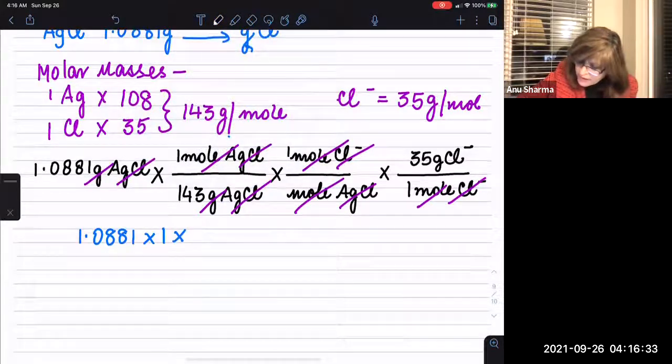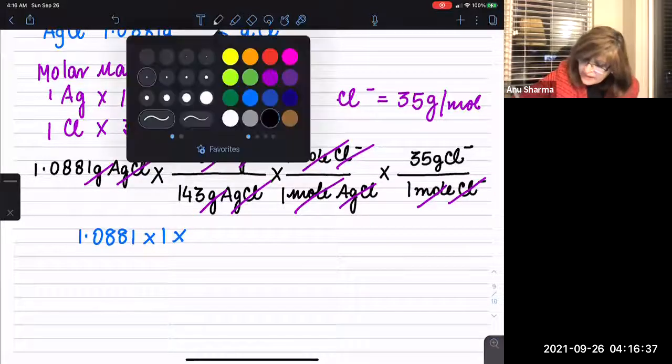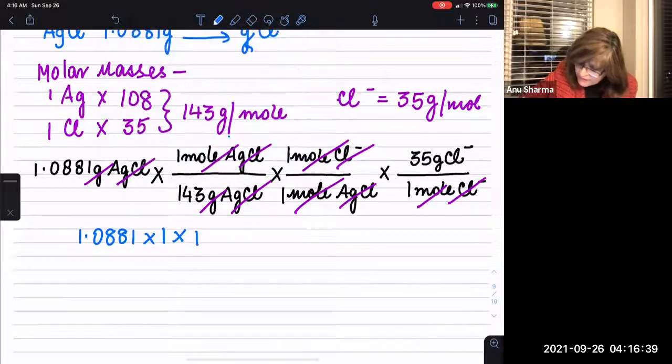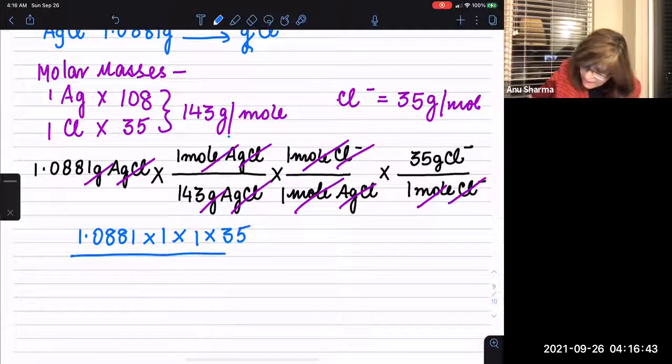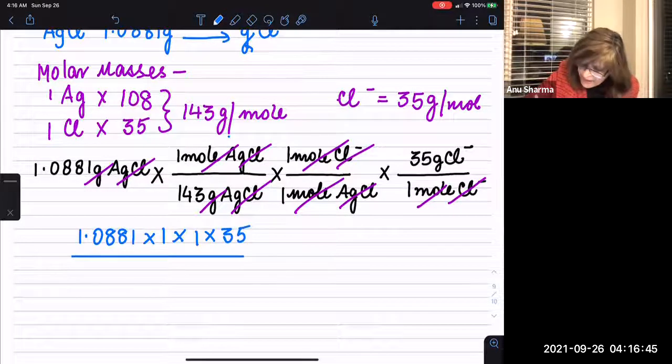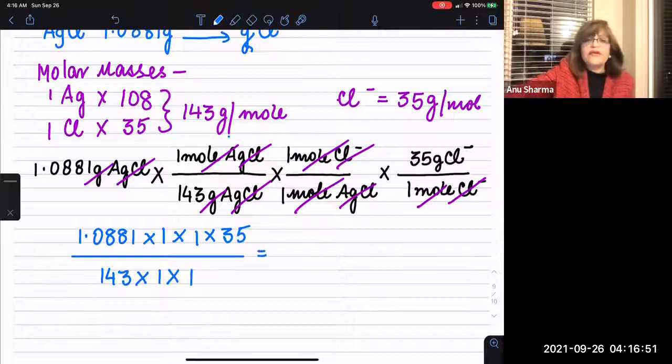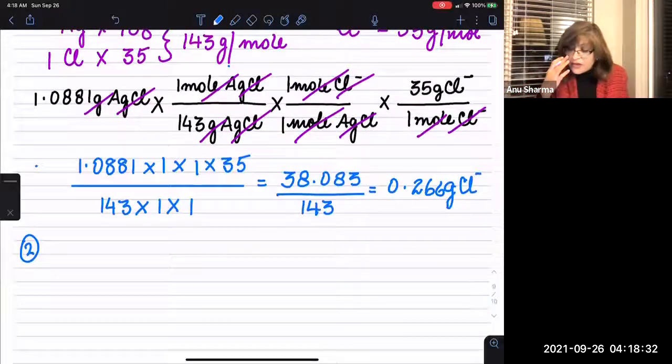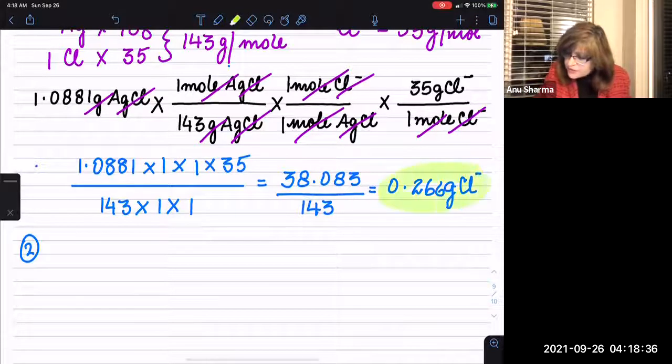So this is 1 and 1. So that's important. Okay. And then comes 1 times 35 divided by 143 times 1 times 1. And what do you get here? Okay, so now after this calculation, we get 0.266 grams of chloride ions.